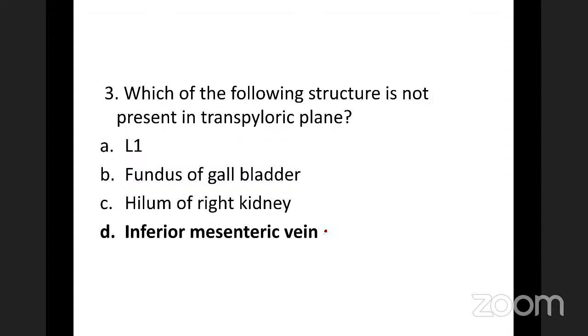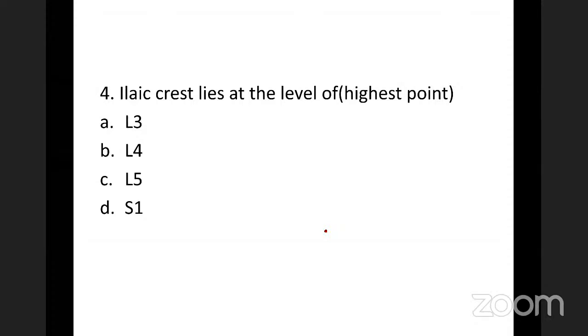Then the iliac crest: at what level does its highest point lie? What do you think is the answer, students? L3, L4, L5 or S1? You may guess, I will explain it. L4. Excellent. See here, you have the iliac crest of the hip bone, right?